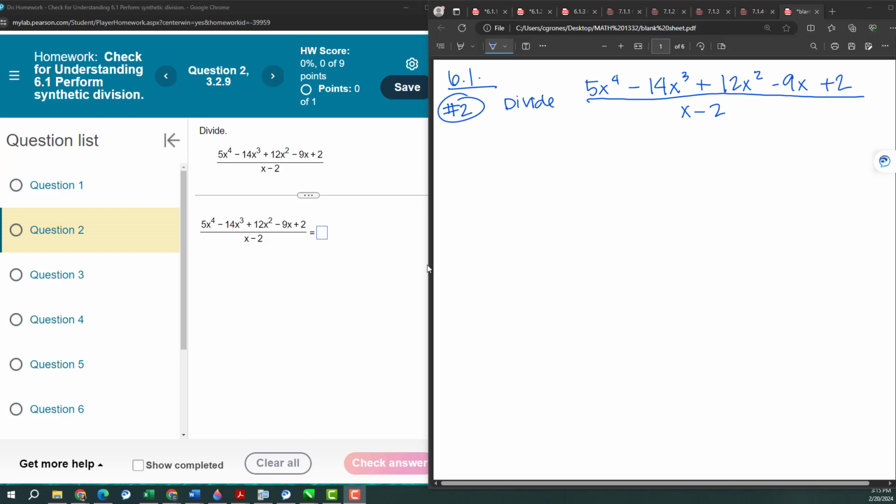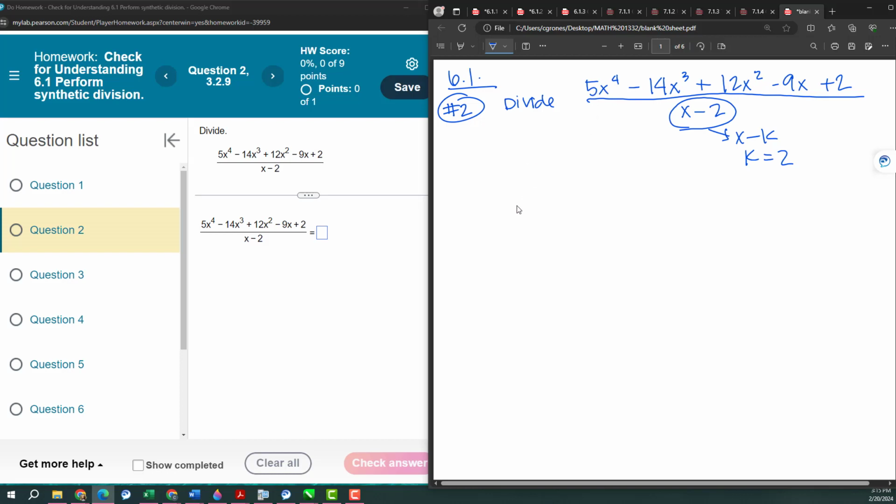All right, so don't get confused with this denominator. We know that we want this in the form of x minus k. And whenever it's x plus k, we make it negative by making our k negative. In this case, we already have it negative, so k is going to equal positive 2. So this is what we're going to be dividing by.